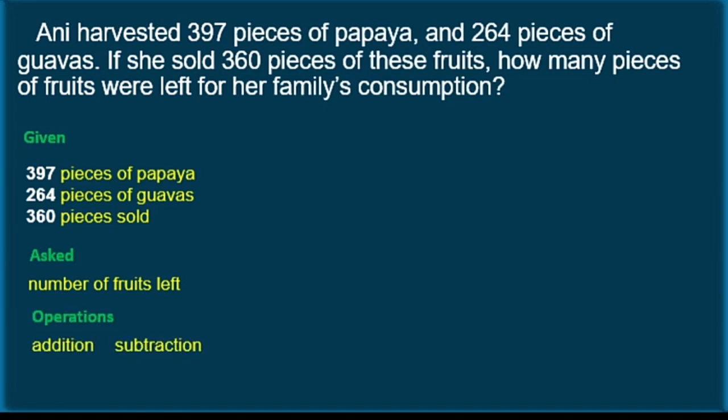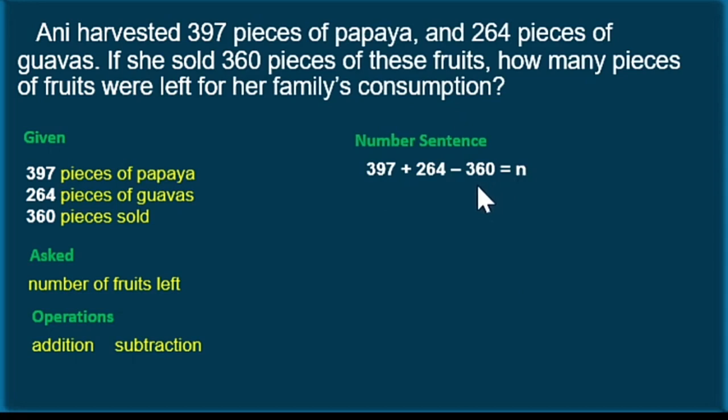Visibly, you need to find the total number of fruits, which will involve addition, and then to find what is left, you need subtraction. Now the number sentence will be the sum of the fruits that you have minus the fruits that were sold, for you to find the pieces of fruit that were left for family consumption.